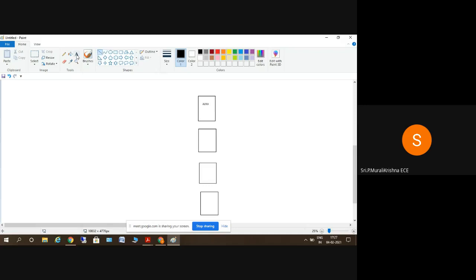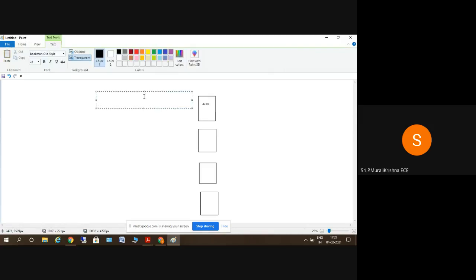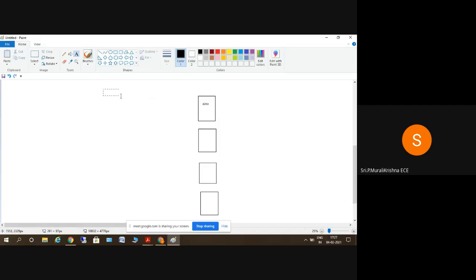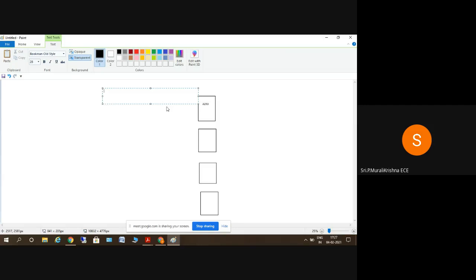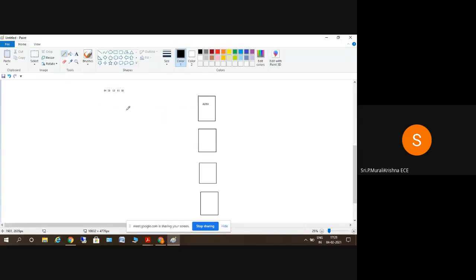Four inputs can be written like this: I4, I3, I2, I1, I0.